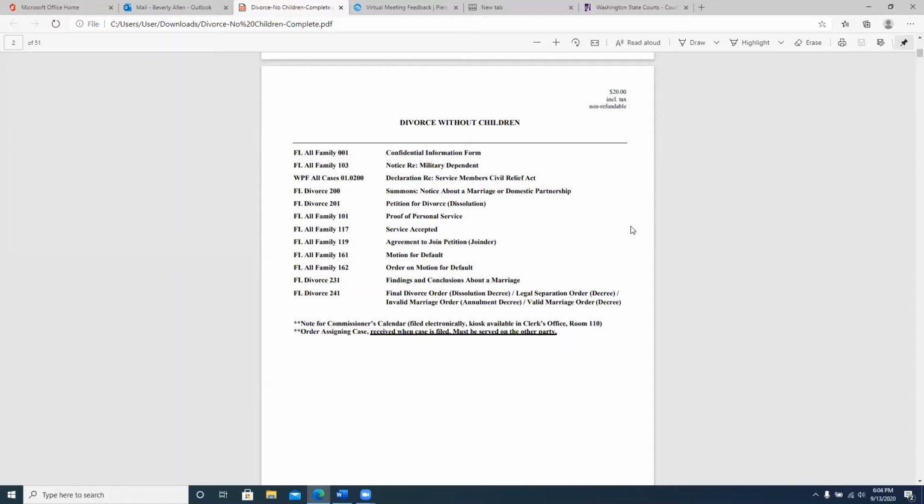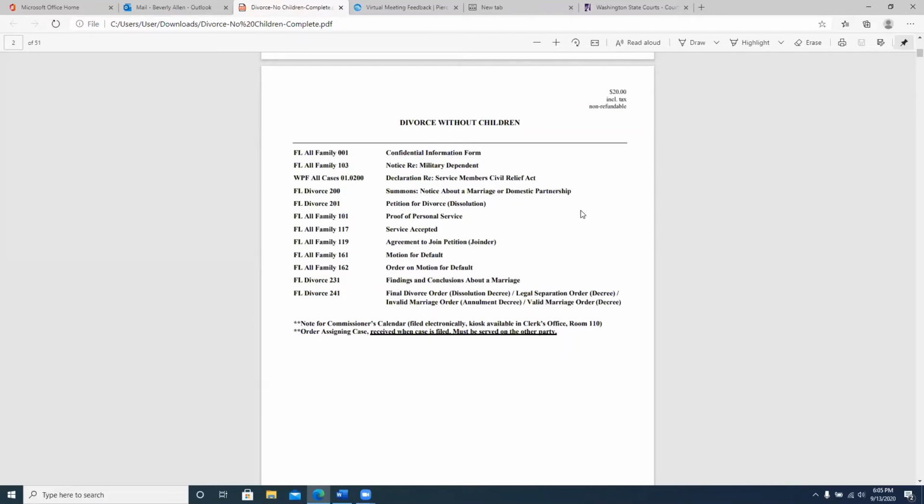Now, if one person is a member of the U.S. military, or in some cases National Guard or Reserve, if they're activated for longer than a certain time, usually 30 days, there are certain rights that kick in to prevent the court from signing a default.